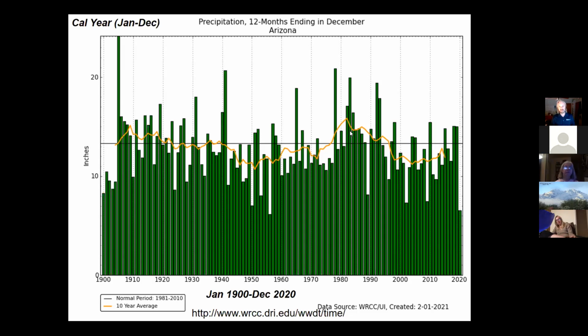And so more recently, you can see that we went from a very, very wet period in the 80s, which I think has raised a lot of people's expectations for Arizona being a wet place, and it's not. This is unusually wet when we look at any sort of records. And we've been sliding down more recently because of decadal variability.